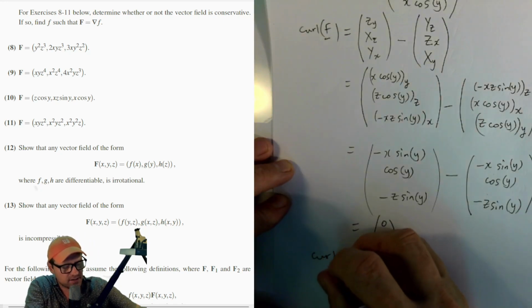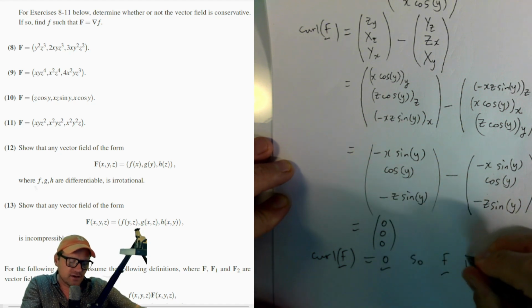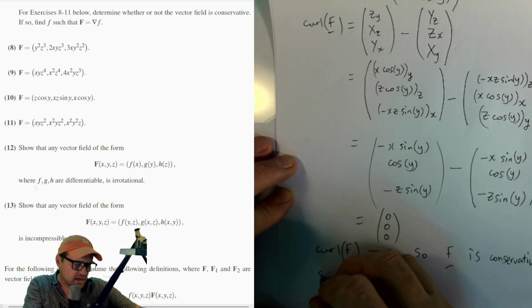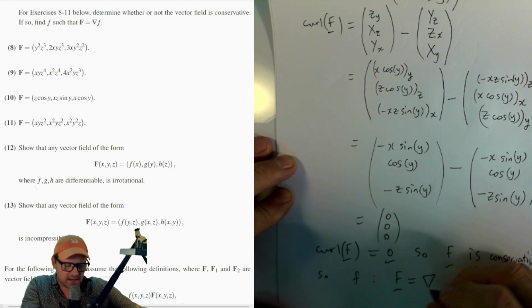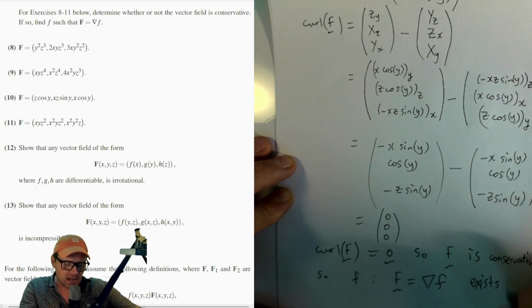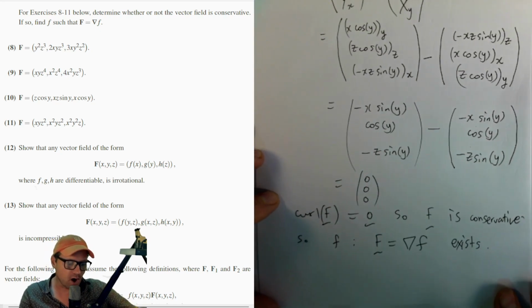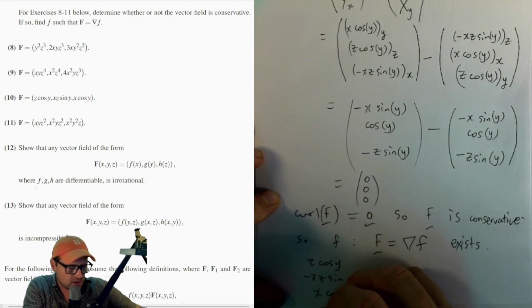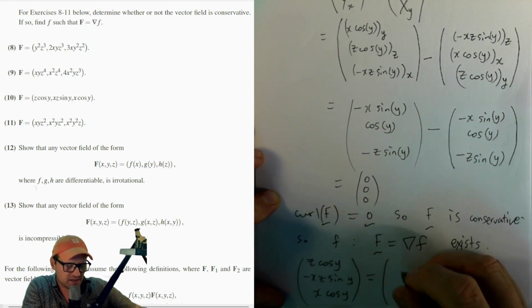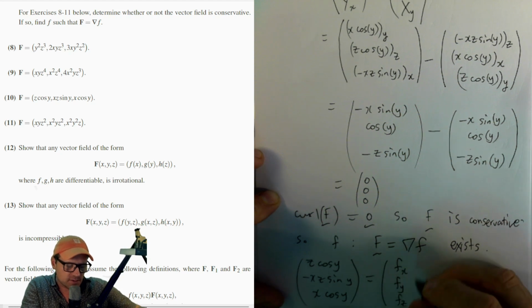So we see then that curl F is the zero vector, so the vector field F is conservative, and so f such that uppercase F is grad lowercase f exists, and we can find it. Okay, and so then to find it, we'll write F, which is z cos y, minus x z sine y, x cos y, equal to the vector containing f subscript x, f subscript y, f subscript z.